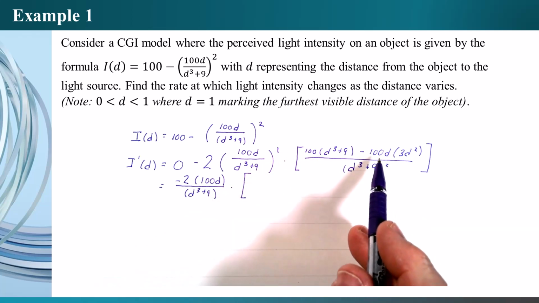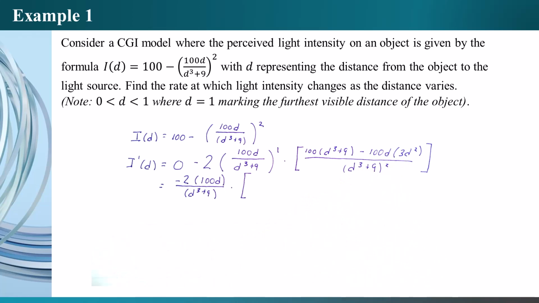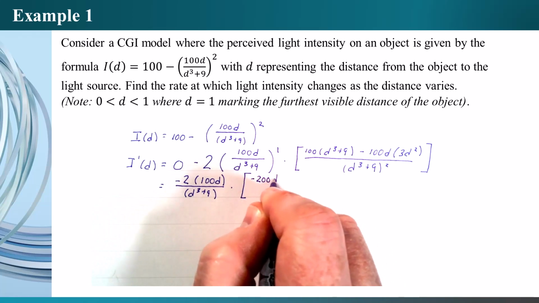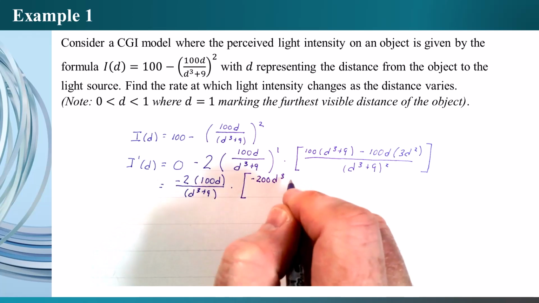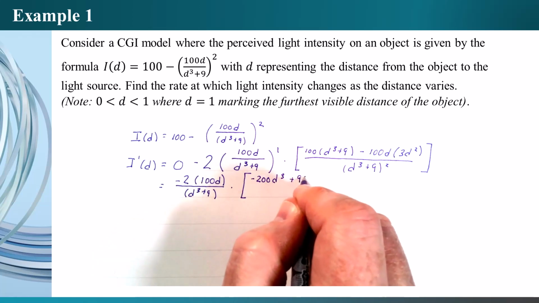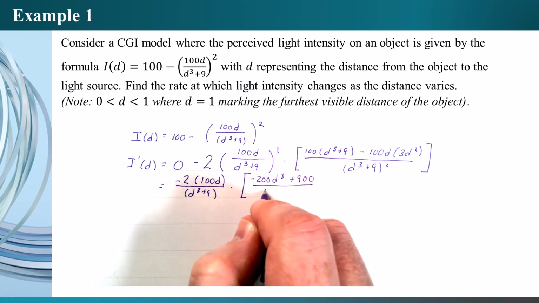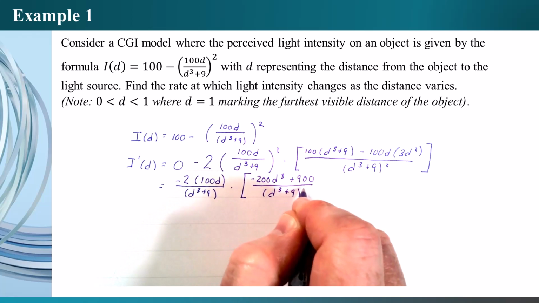But on the right-hand side, we have negative 100d times 3d squared. And so that gives us 100d cubed minus 300d cubed, which is negative 200d cubed. And we also have 9 times 100, which gives us 900. In the denominator here, we have d cubed plus 9, and all of that is squared.